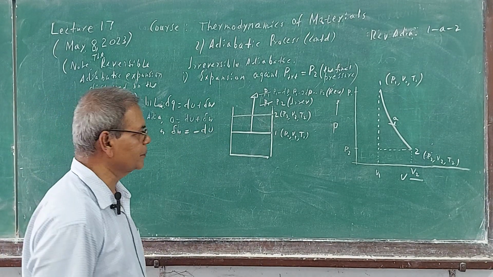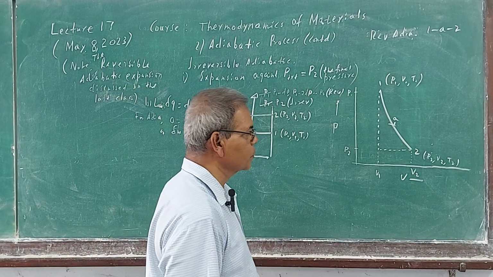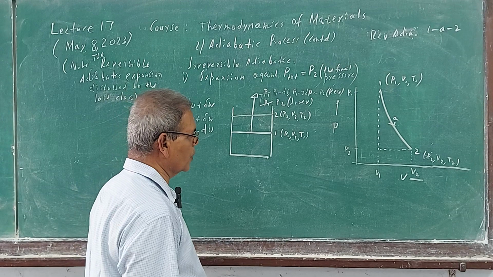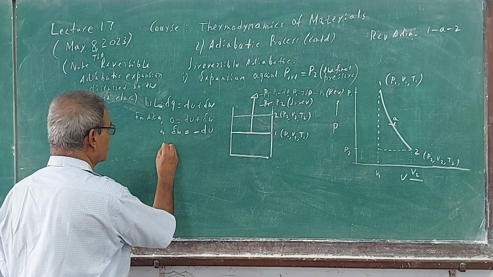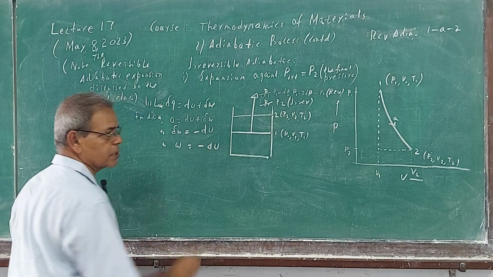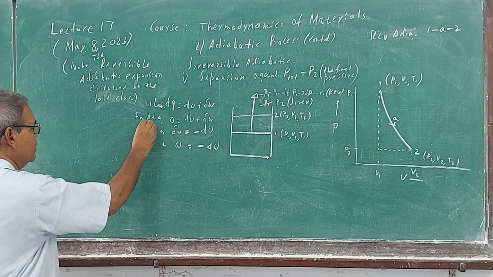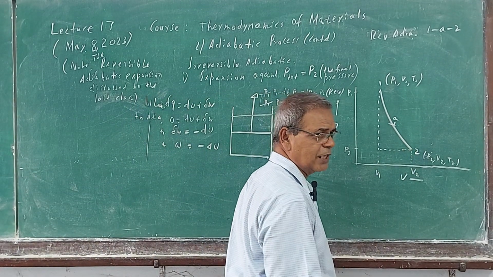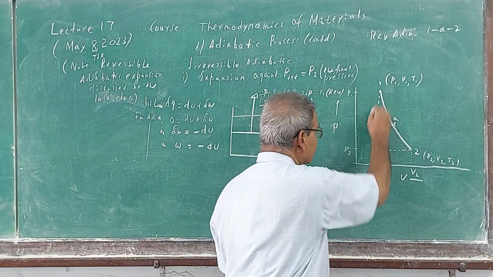Now you follow one thing. W is minus delta u, finite change. I say that the final state will not be here, unlike isothermal where the final state is here.